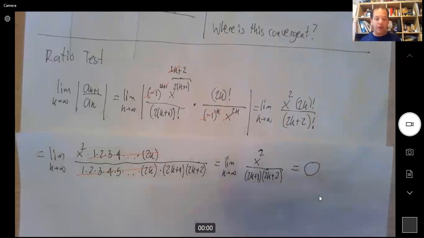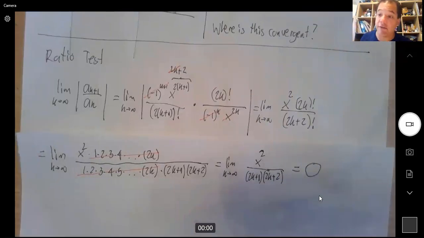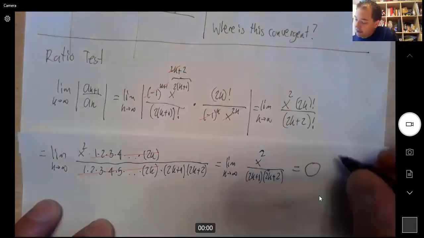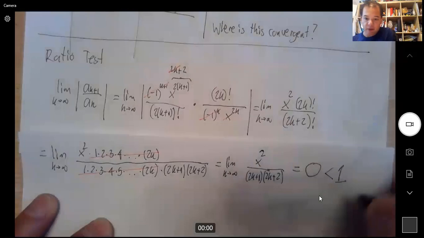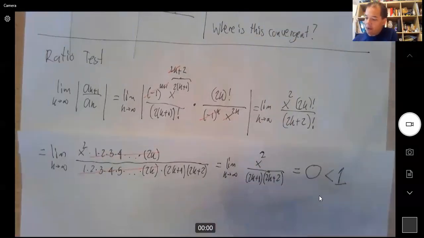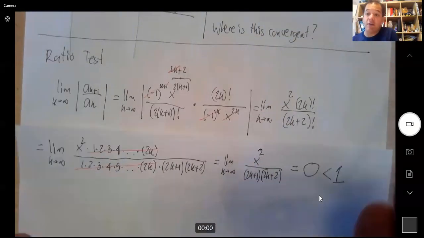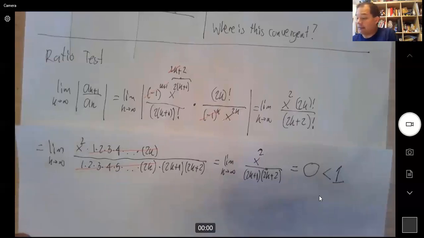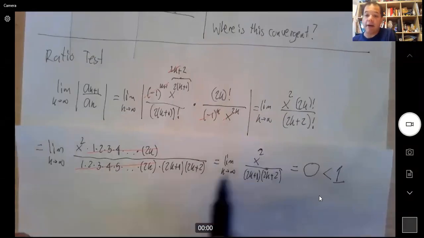And what were we doing this for in the first place? The ratio test, right? So we should then compare to 1. Well, 0 is less than 1, right? Therefore, when something is less than 1, that means it's convergent. And for what x's? Well, for every x, right? This limit turned out to be 0, no matter what x.